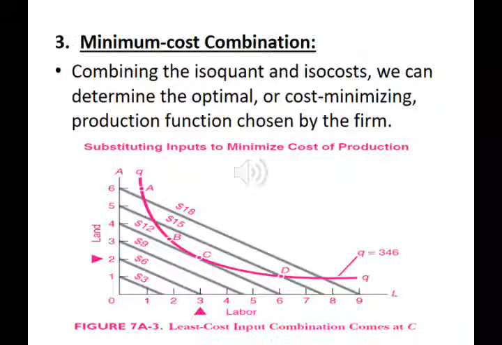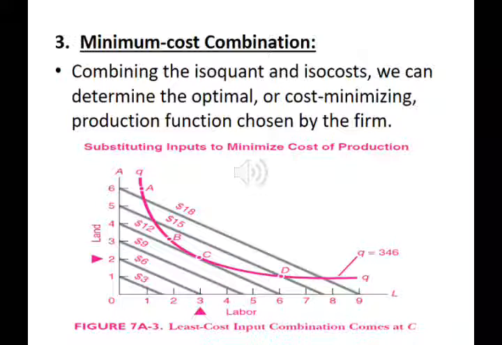So let's start from the northwest. The firm will start from point A. This is on the isoquant it wants to produce at. However, A lies on a very high isocost, so the firm will keep going downward, moving southeast.